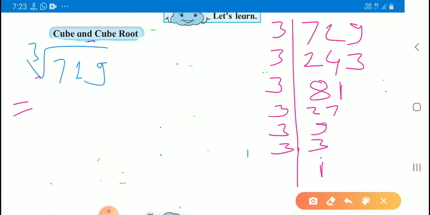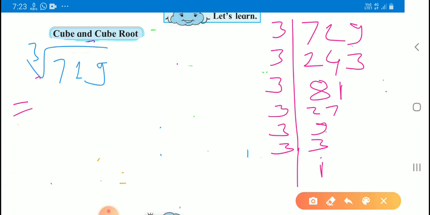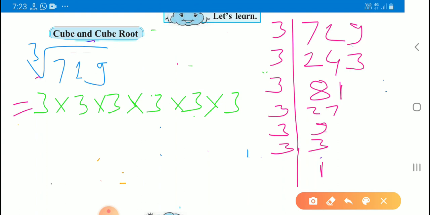Okay. Now how to write these numbers? Here look, you can see here this side how many numbers are there? 3 3 3 3 3 and 3. How many times 3 are there? 1 2 3 4 5 and 6. So here you can write this as 1 2 3 4 5 times 3 and 6 times 3. Okay. Now next step, we want to find cube root.